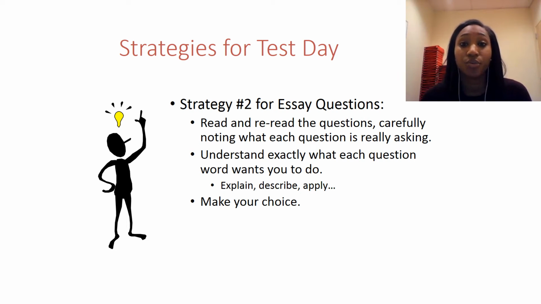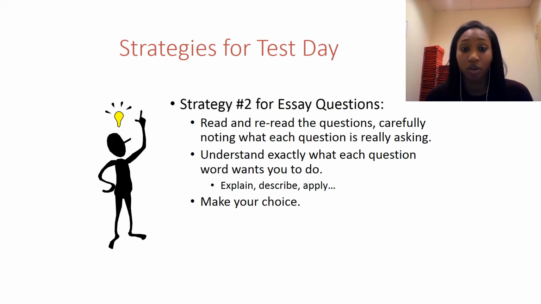Strategy 2: read and reread the questions carefully, noting what each question is really asking, and understand exactly what each question or word wants you to do. For example, each question word can be like explain, describe, apply what you know about government to the world today.